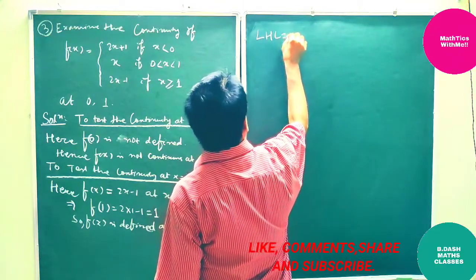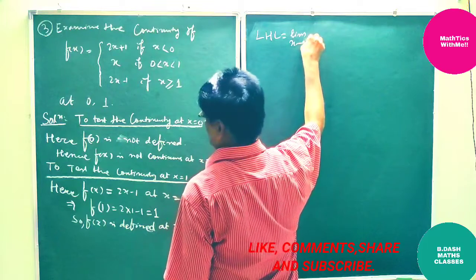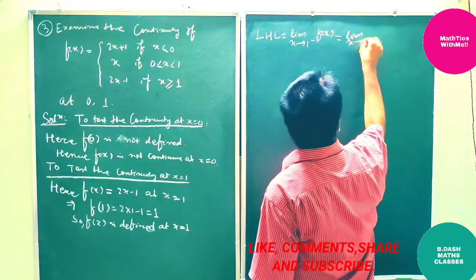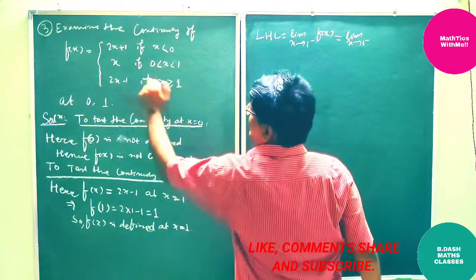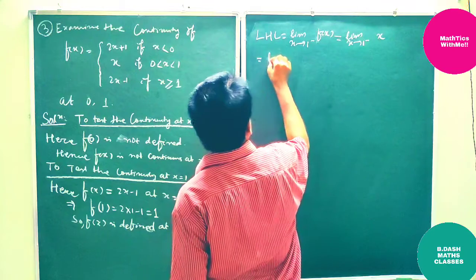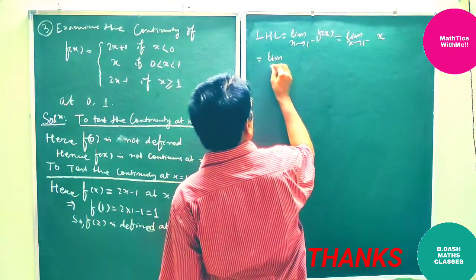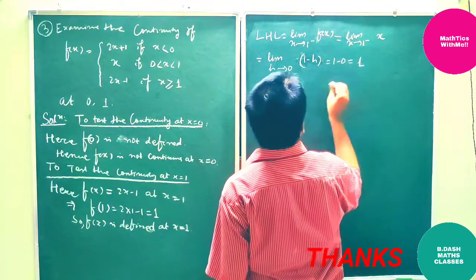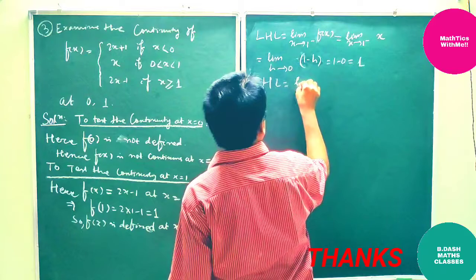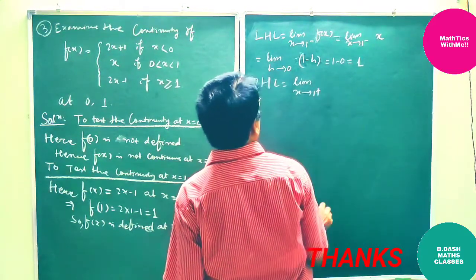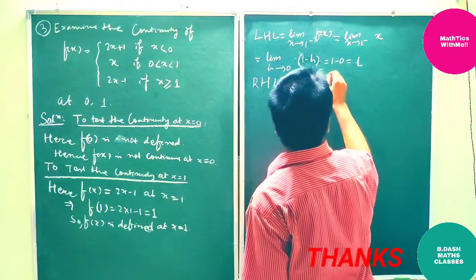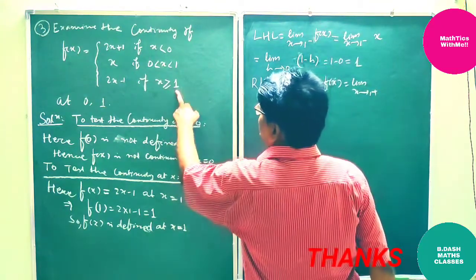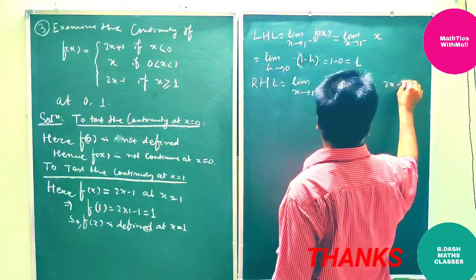Now the left hand limit, the limit as x tends to 1 minus of f(x). When x < 1, f(x) = x. So this is the limit as h tends to 0 of 1 - h, which is 1 - 0 = 1. Now the right hand limit, the limit as x tends to 1 plus of f(x). 1 plus means x > 1, f(x) = 2x - 1.